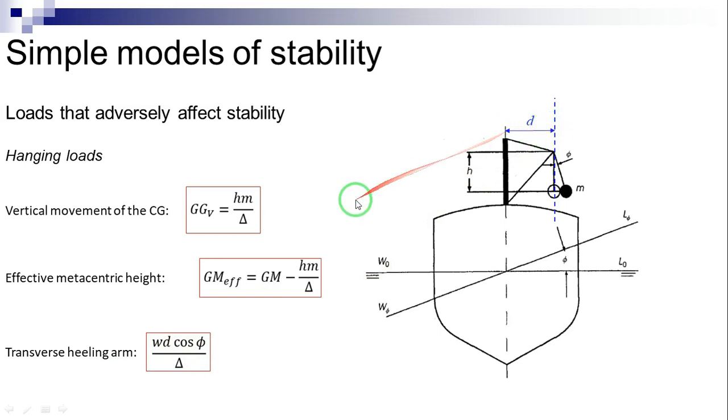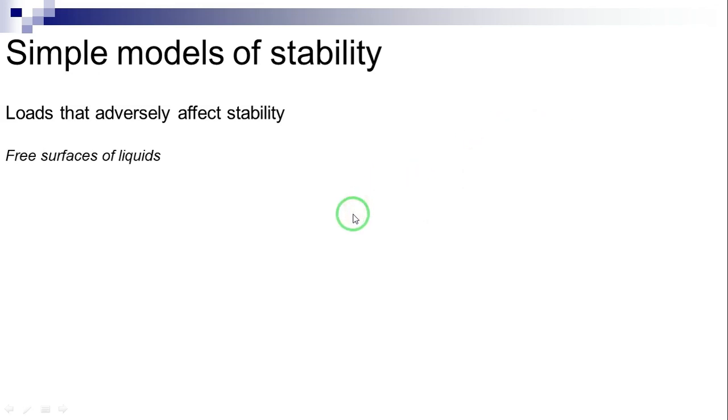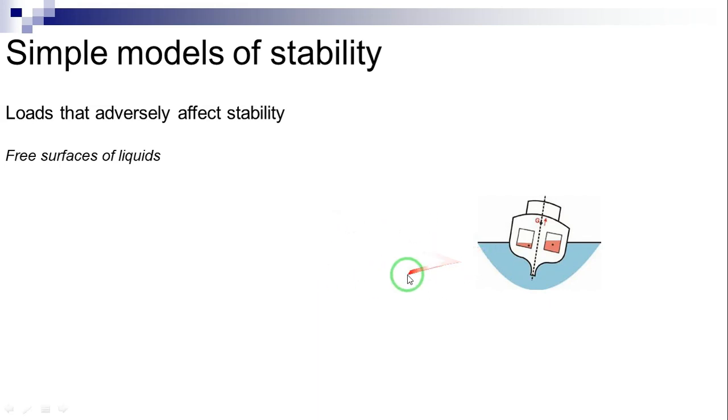Free surfaces of liquids. Liquids with free surfaces are a very common kind of moving load. Any engine propeller vessel needs fuel and lubricating oil tanks. Tanks are needed for carrying fresh water. The cargo can be liquid. Then tanks occupy a large part of the vessel.